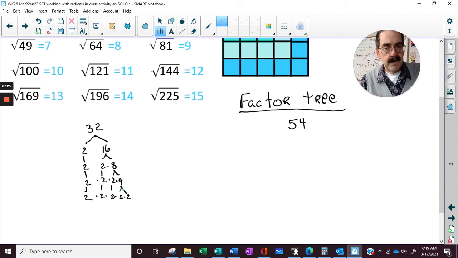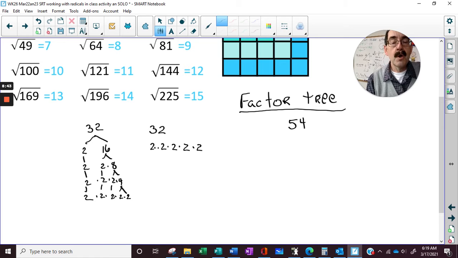So 32 is the same as 2 times 2 times 2 times 2 times 2, 5 of them, right? 2, 4, 8, 16, 32.